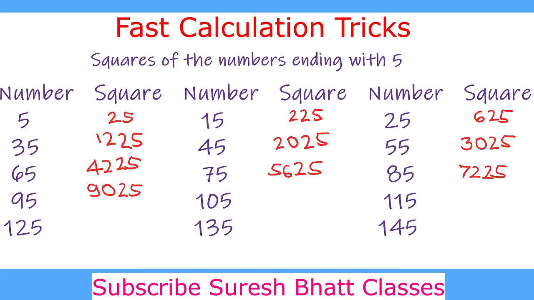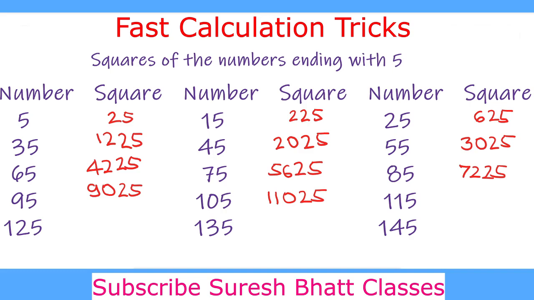Square of 105. After leaving the digit 5, the digits at the tens place make 10 and 10 is multiplied by next higher number 11. So 10 multiplied by 11 is 110 and after 110 we have to write 25. So square of 105 is 11,025.